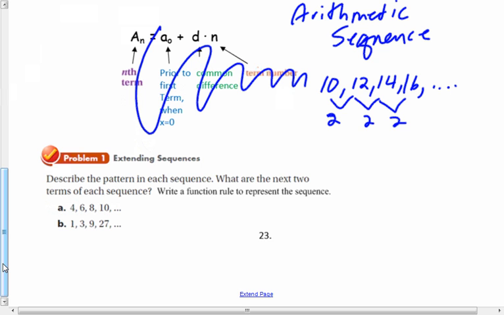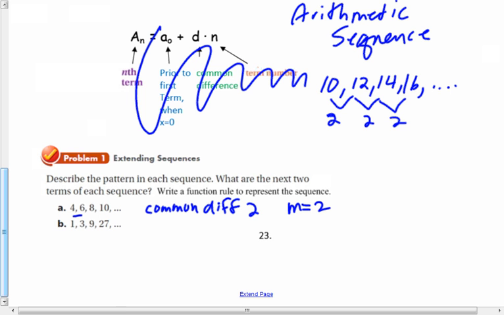Problem 1 here, extending sequences. Describe the pattern in each sequence. What are the next 2 terms? Write a function rule to represent the sequence. In the first one, you will notice that it's going up by 2, so the common difference is 2. Common difference is the same as the slope, so we can say m equals 2.